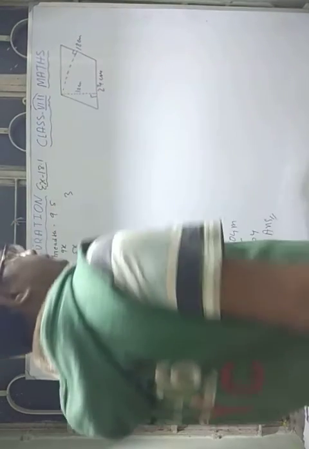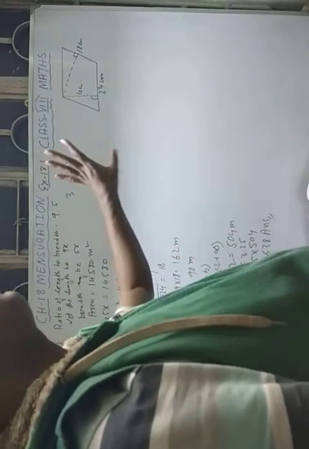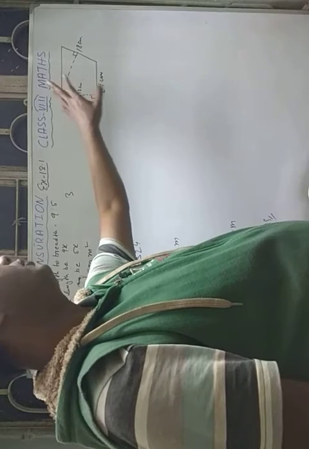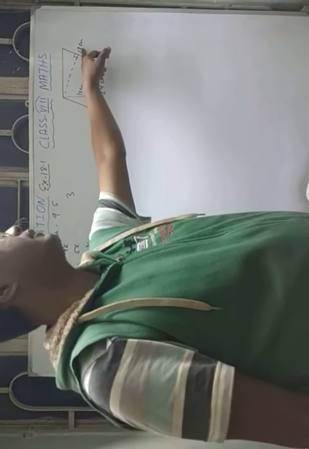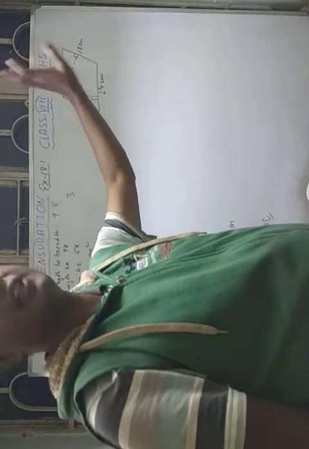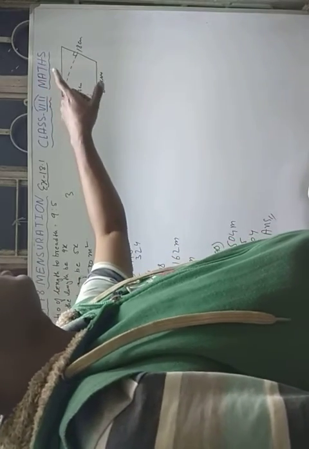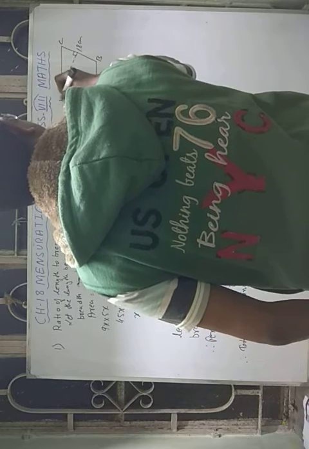Okay, so whichever height and base you take, the area of the figure does not change. If you take this height and this base, you will get the area. If you take this base and this height, you will get the same area because the figure is the same. So you can name it A, B, C, D. Take this height as H1 and this height as H2.